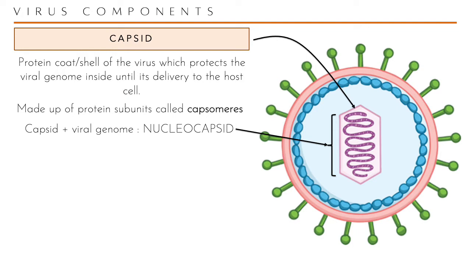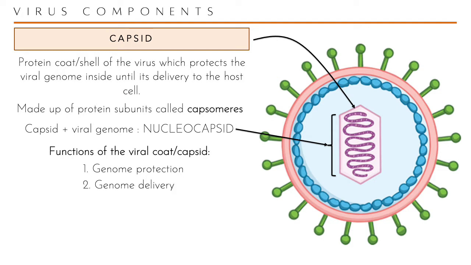Now, what is the function of the capsid? Aside from being the home of the genome, it protects the genome. Remember, this is the most important part of a virus.